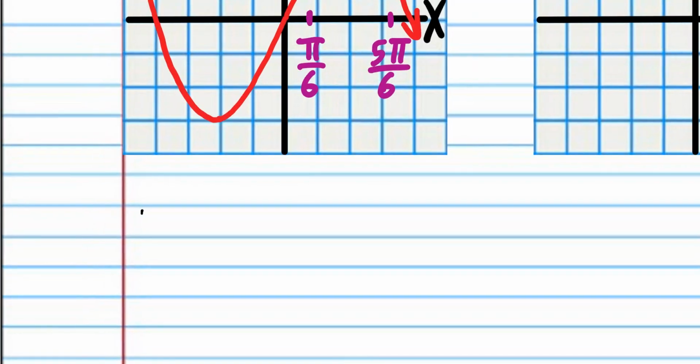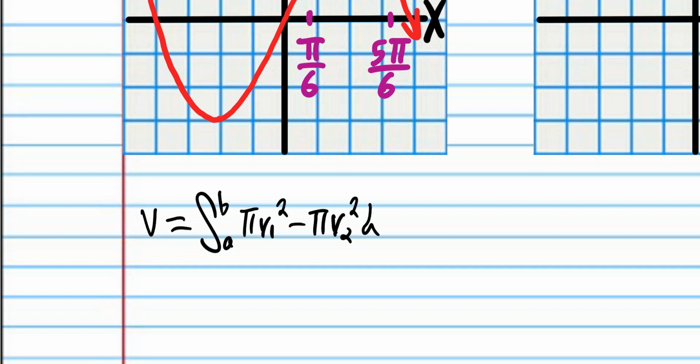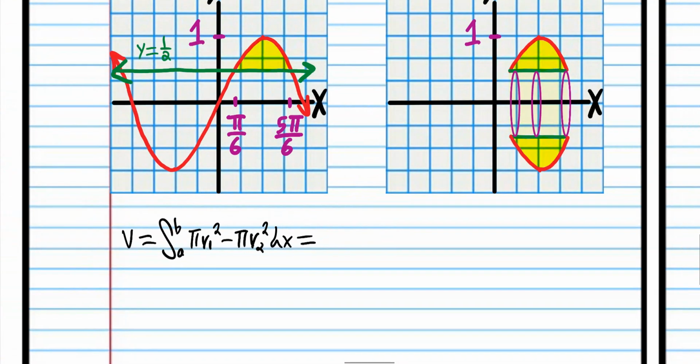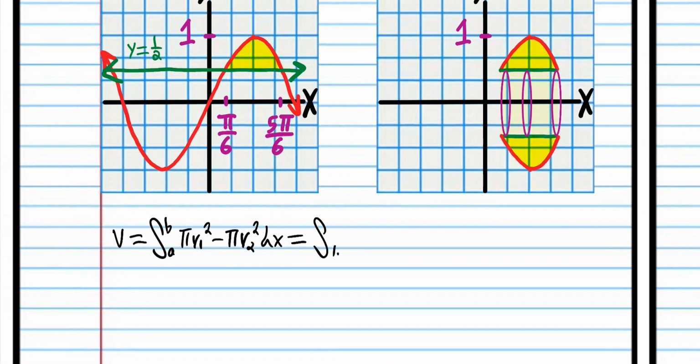So here's the formula. And so we're going to go from pi over 6 to 5 pi over 6.